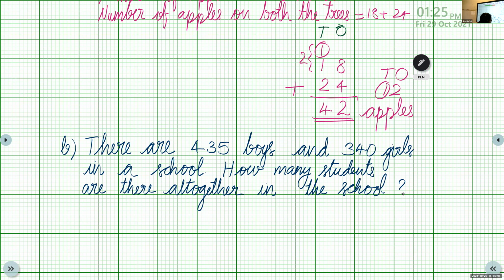Haya, are you writing? Now, those who have completed, read the question carefully and try to solve the problem. You have to write the steps also. It's very simple.